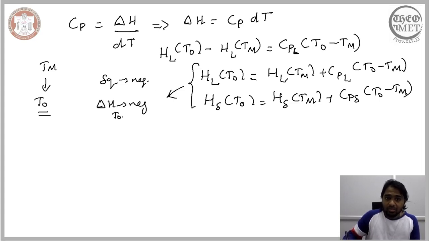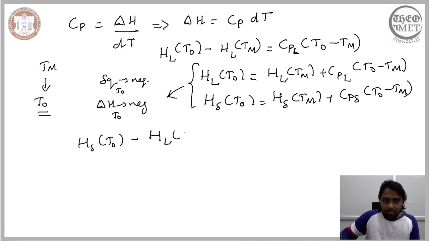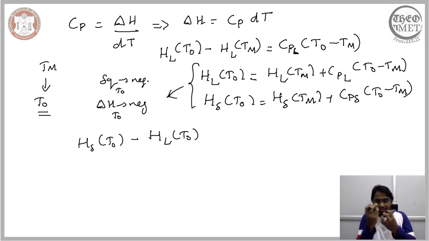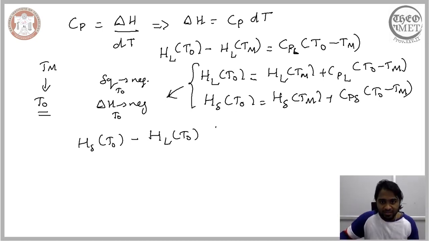Again, this is not at Tm but at T0. And similarly, if you consider this relation here, what we would like to see is Hs at T0 minus HL at T0. So we would like to understand the change in the enthalpy, and this is negative.